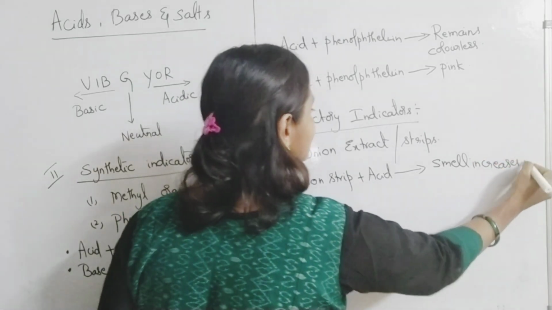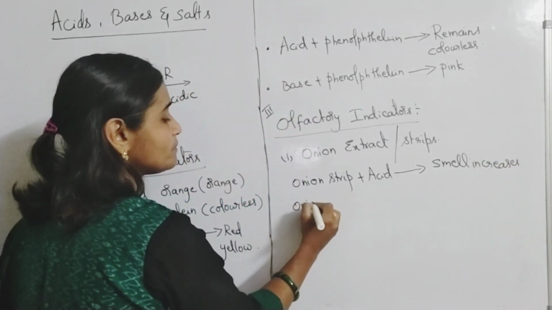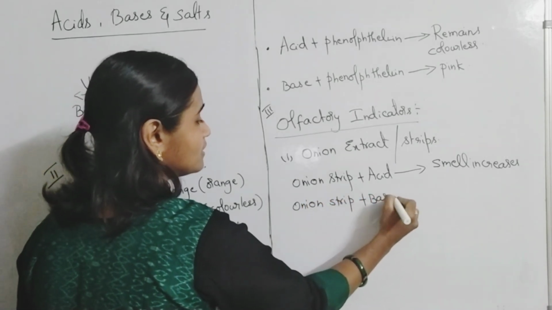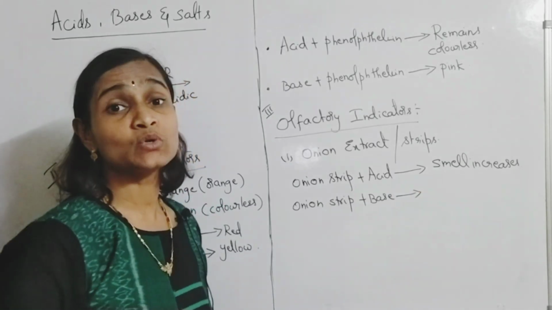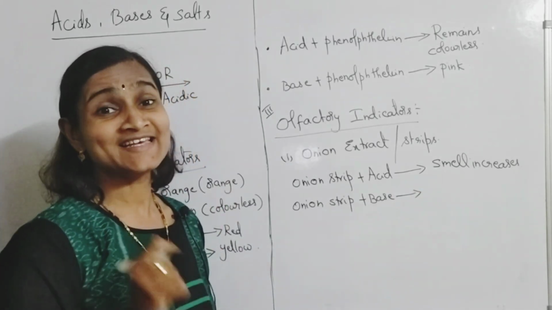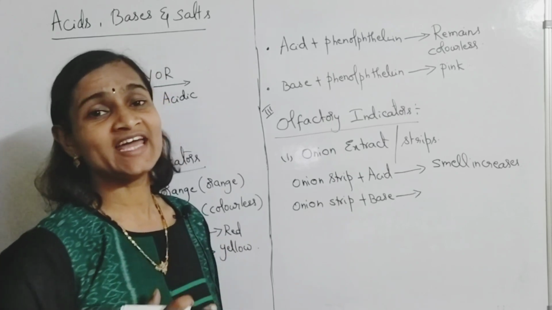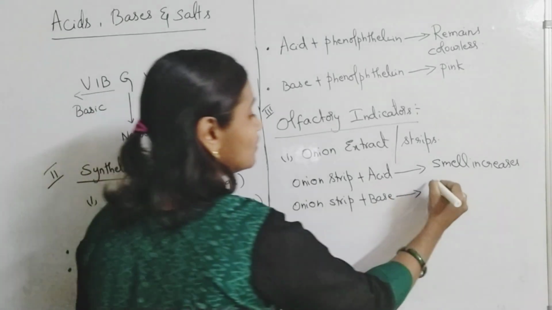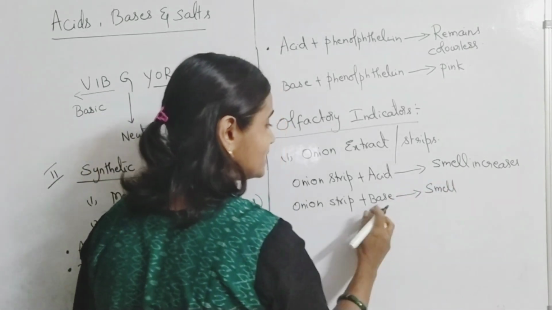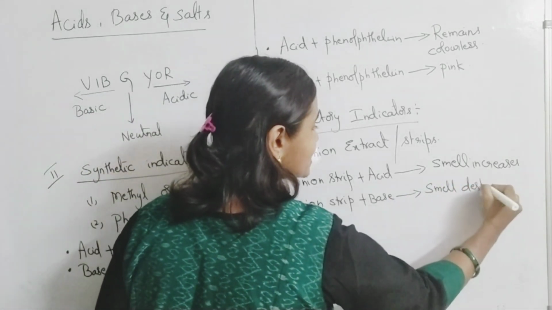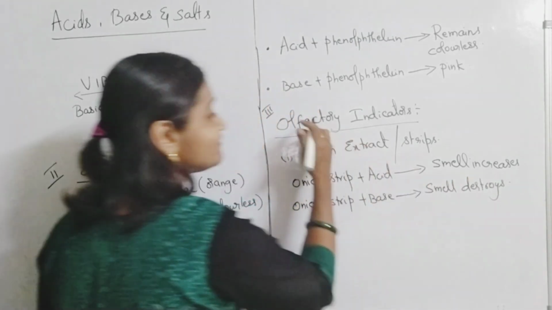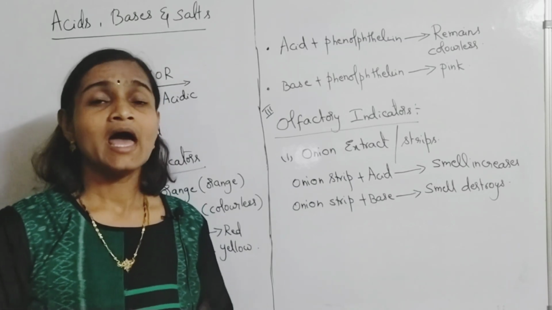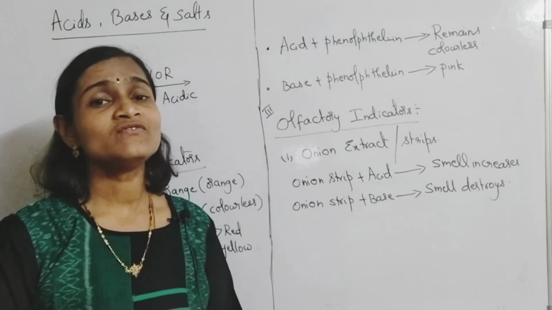Same like that, if you add a basic substance to this onion strip, then the smell is totally destroyed. That is the way you can identify whether the given substance is acidic or basic. So olfactory indicators are useful for detecting acid and base with the help of smell.